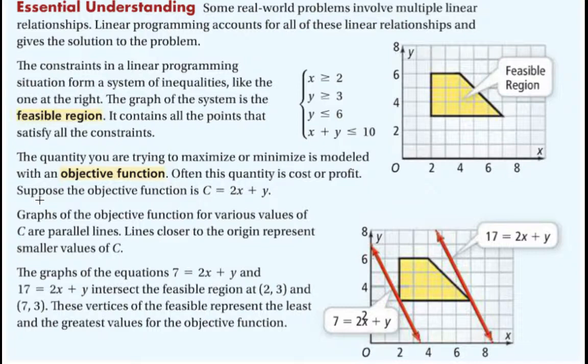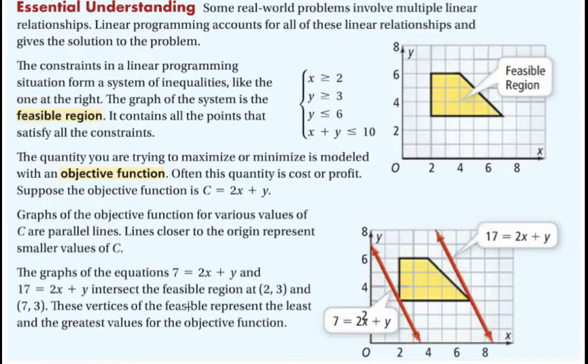So this objective function has three variables in it. That objective function we're going to use it though to allow us to determine different costs for different combinations of x and y, whatever those variables represent. Okay, so the graphs of the equations C equals 2x plus y for C equal to 7 and 17 equals 2x plus y intersect the feasible region at (2, 3) and (7, 3).